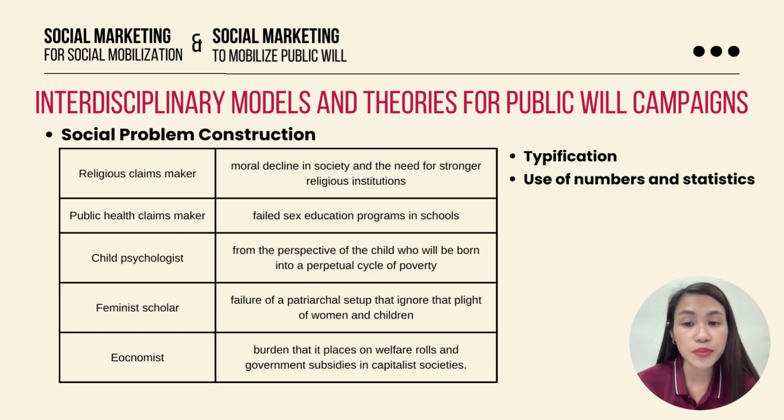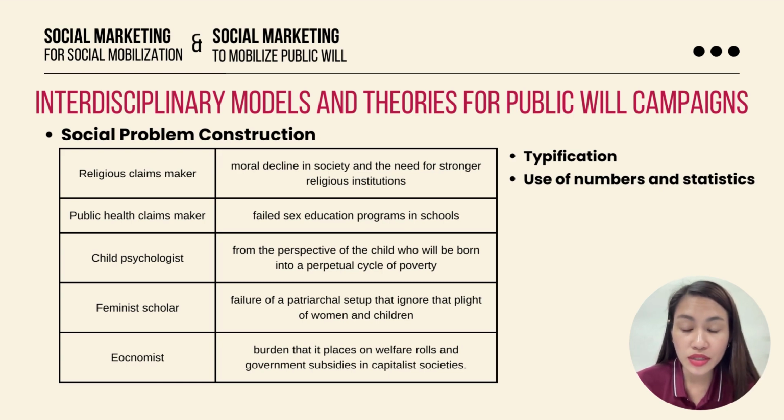For a religious claims maker, there is moral decline in society and the need for stronger religious institutions. For a public health claims maker, failed sex education programs in schools. For a child psychologist, from the perspective of the child who will be born into a perpetual cycle of poverty.